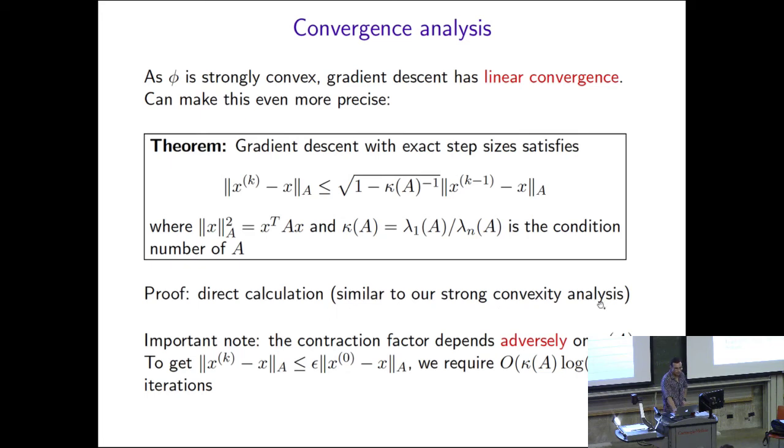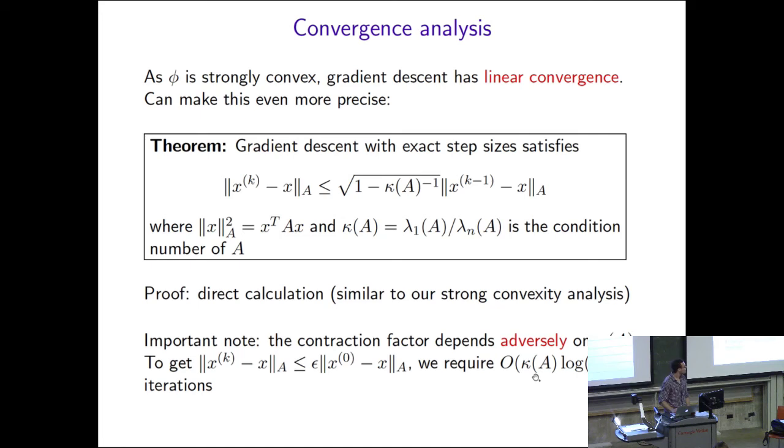It's just direct calculation. An important note is that the contraction factor here depends adversely on the condition number, as we already said. In order to get an epsilon multiplicatively suboptimal solution, meaning something epsilon times as bad as where I began, I require log of 1 over epsilon iterations, but the constant scales linearly with the condition number of A. So it's on the order of kappa times log of 1 over epsilon.